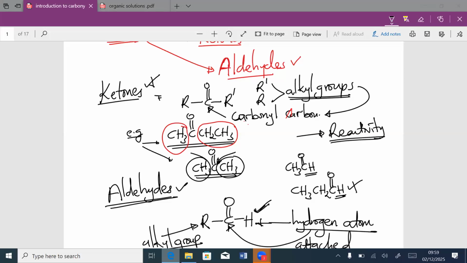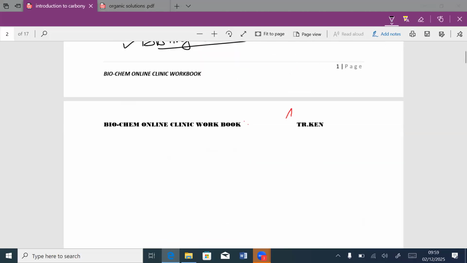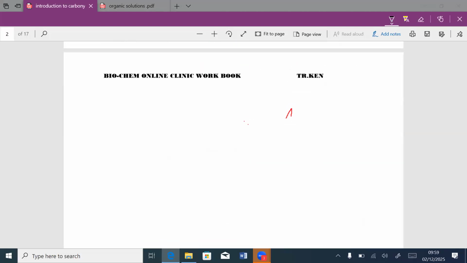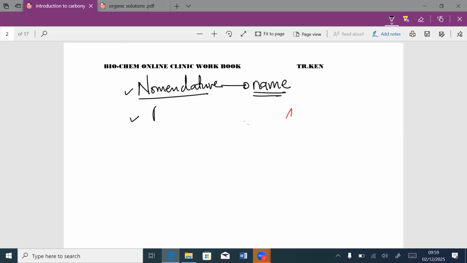So on continuing, for those of you who have been here with us, I told people that in organic chemistry, there are about 4 things we focus on. One of them, we focus on the nomenclature of these organic compounds. In other words, how are we able to name these organic compounds? Then we can focus on the reactions of these organic compounds.